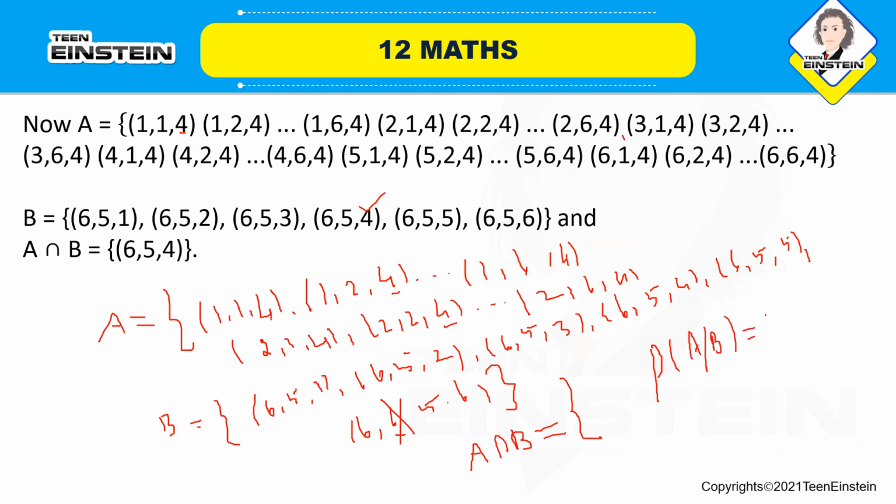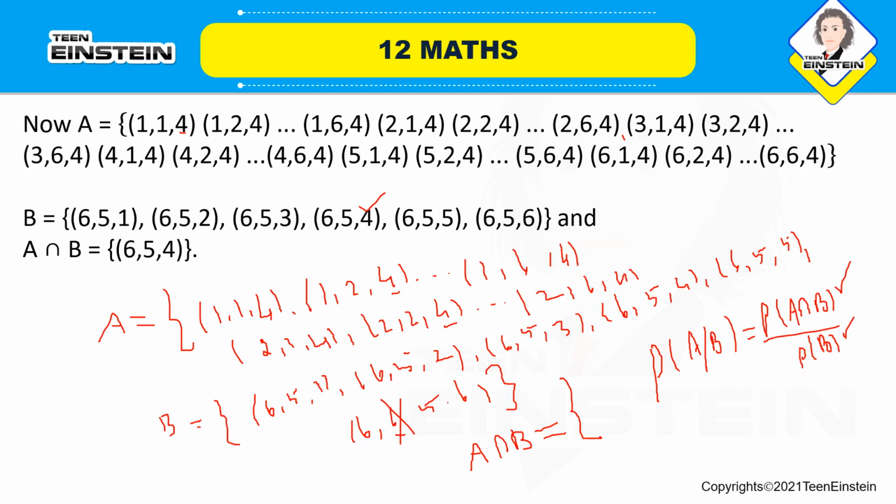Probability of A intersection B divided by probability of B, right? So I don't need P of A. What I need is P of B and P of A intersection B. These two I have to calculate.